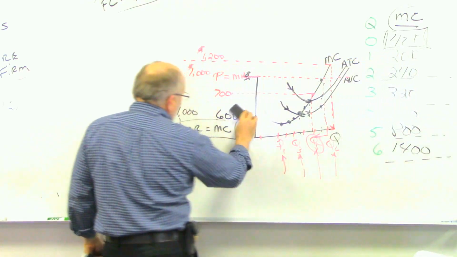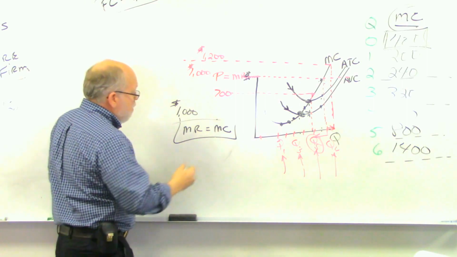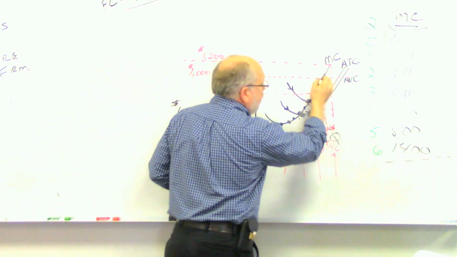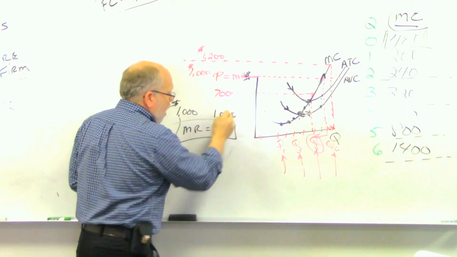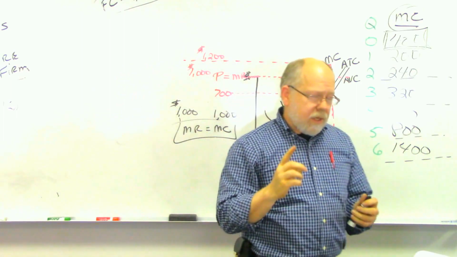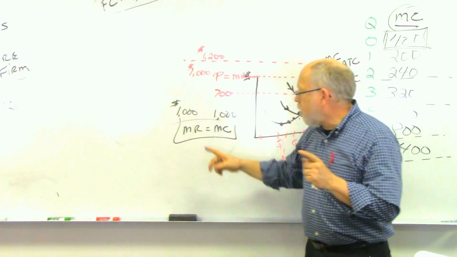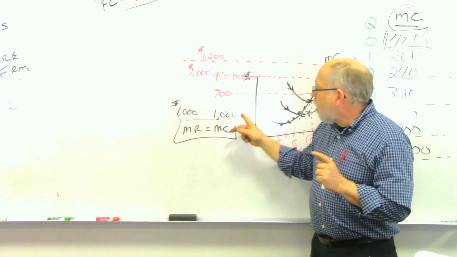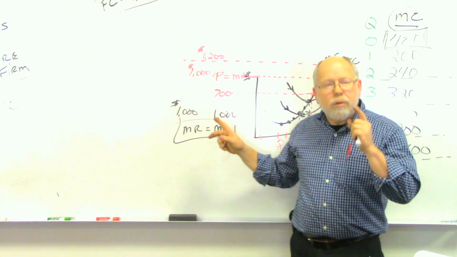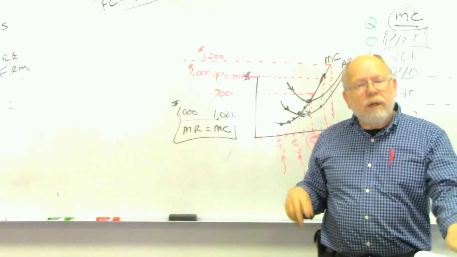Well, on a Sunday, it's pure overtime, and my marginal cost is going to go up to $1,000. If you go in and work, you can sell what you made for $1,000, but it's going to cost you $1,000 to produce one more on a Sunday.